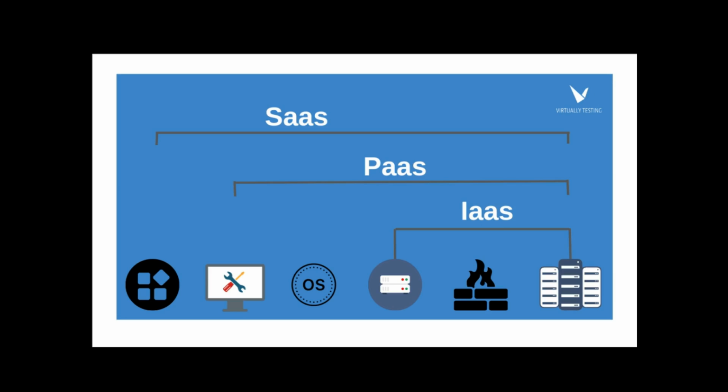The operating system and the development environment, that is controlled by Microsoft. When you move on to a platform as a service, the user has control of the development and they have control of the operating system, but they don't have control over the servers. They don't have control over the network. Microsoft has control over that. They're responsible for that security and setup.